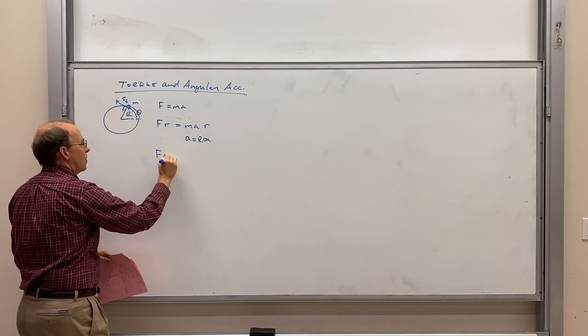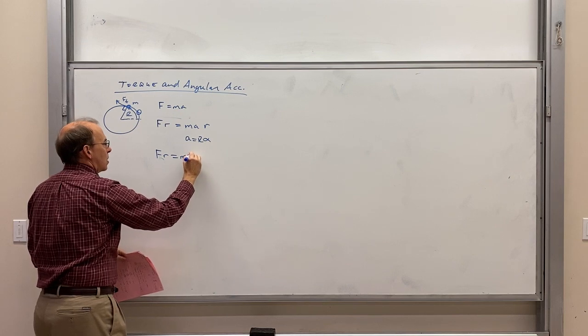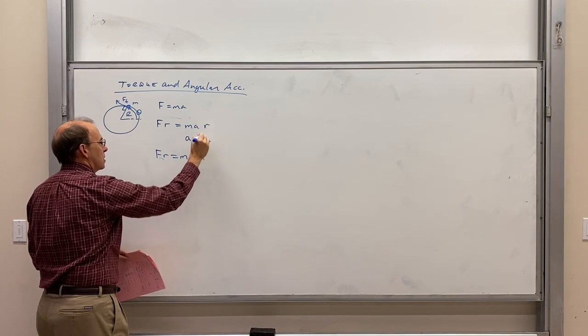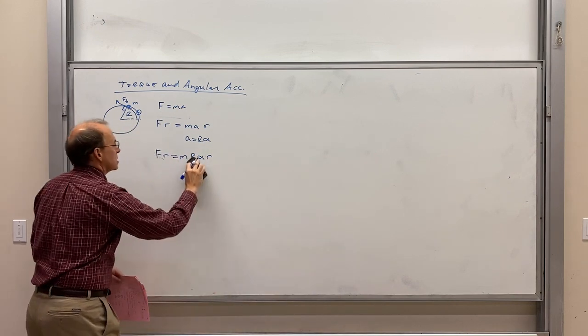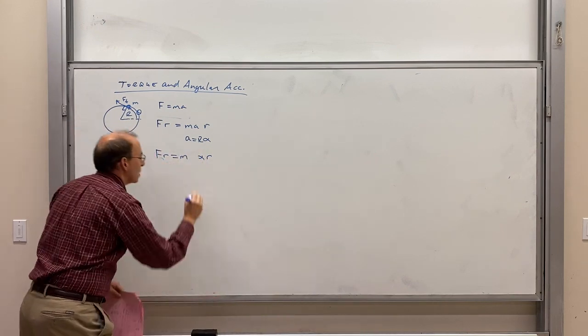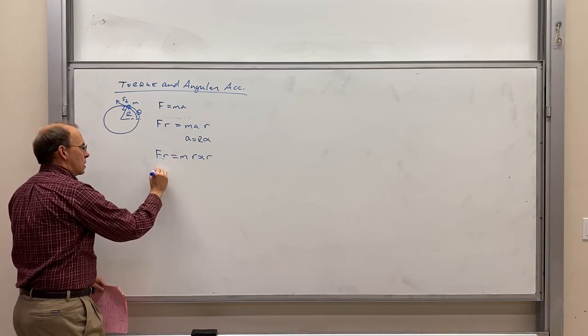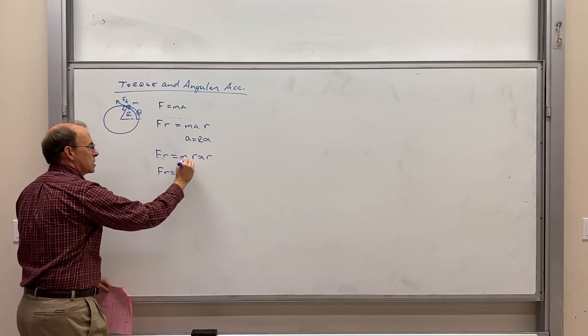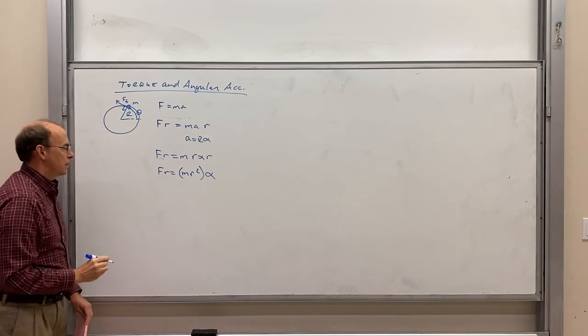So I've got F r is m r alpha. The capital R and the little r are the same r. So F times r is m r squared times alpha.